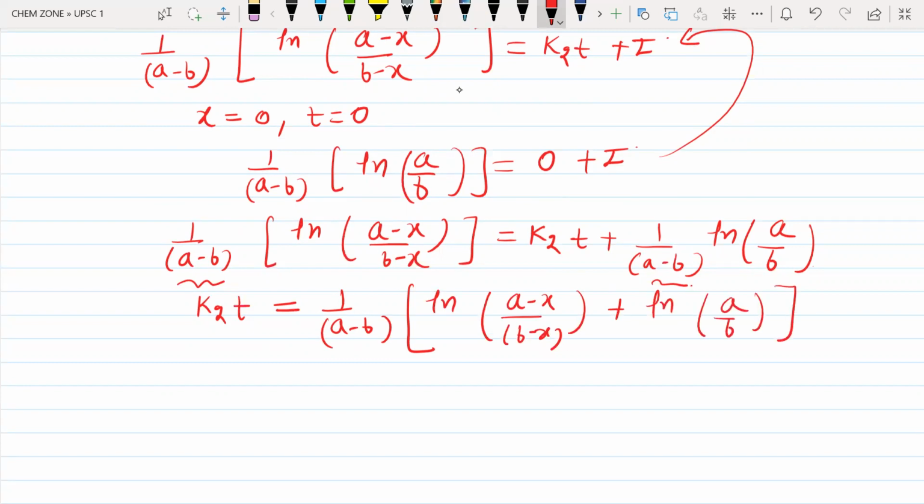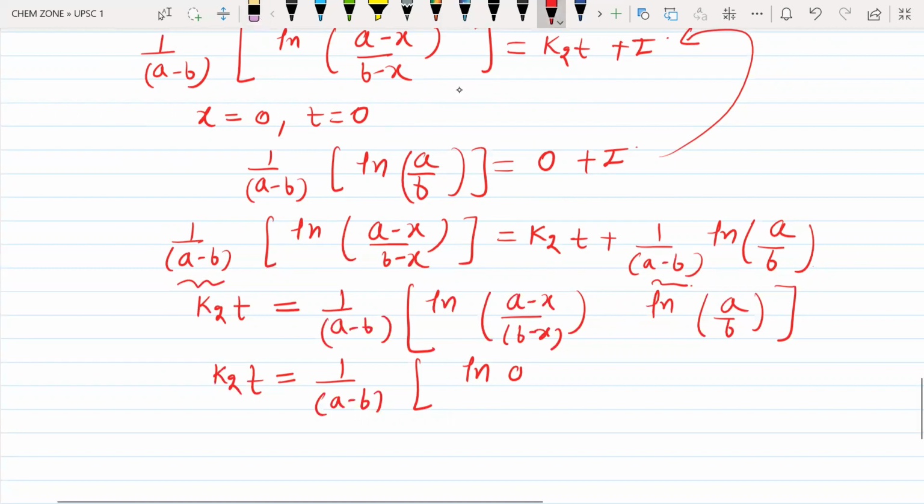Now again apply the property of log, which suggests log m into n will be log m plus log n. So we can write, sorry, I made a mistake here.